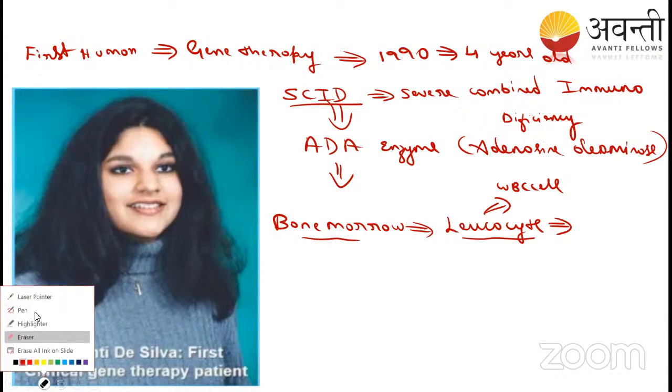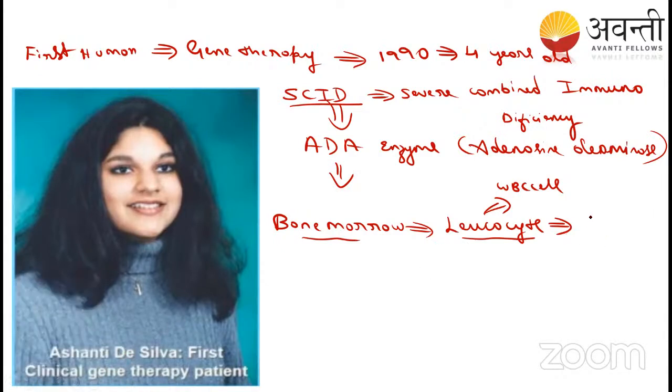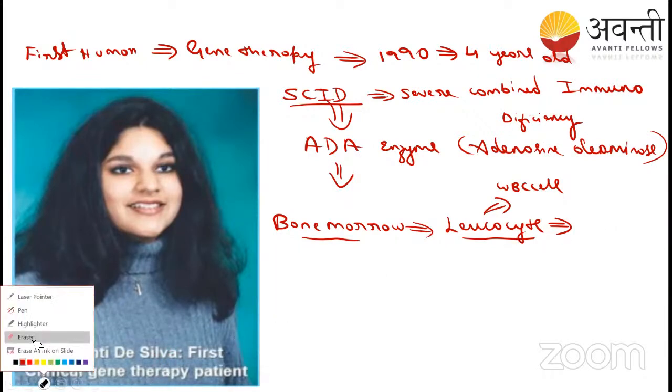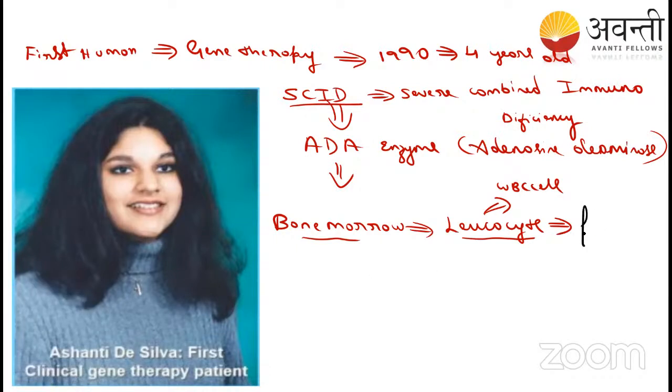So they took the WBC cell. This is the genome of the cell, and it has the faulty gene. First, they will culture this leukocyte in the laboratory.